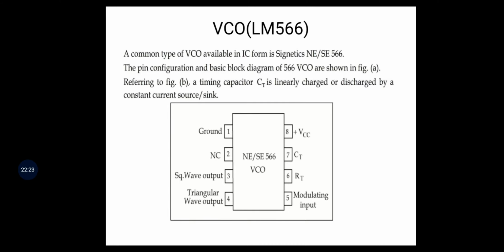Sixth pin is RT. Seventh pin CT. Eighth pin VCC. A common type of voltage controlled oscillator available in IC form is IC number 566. Here a timing capacitor CT is linearly charged and discharged by the constant current source.